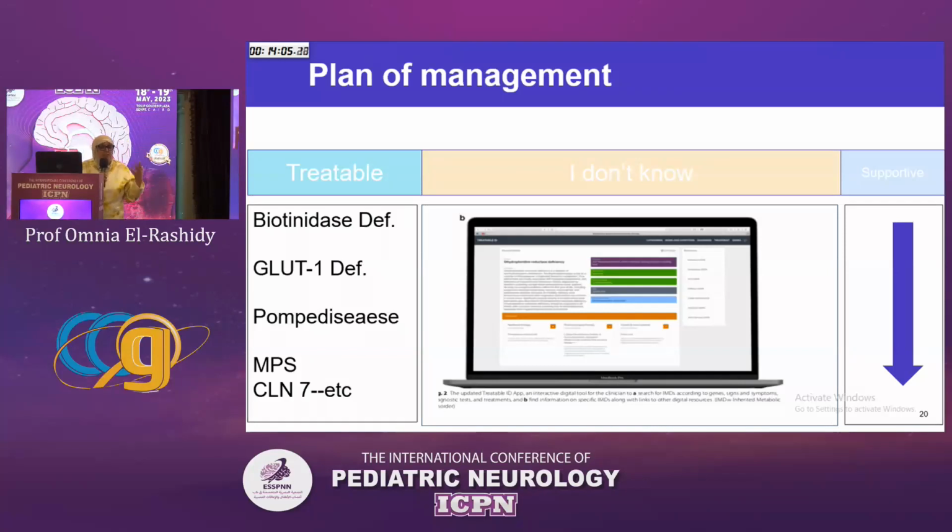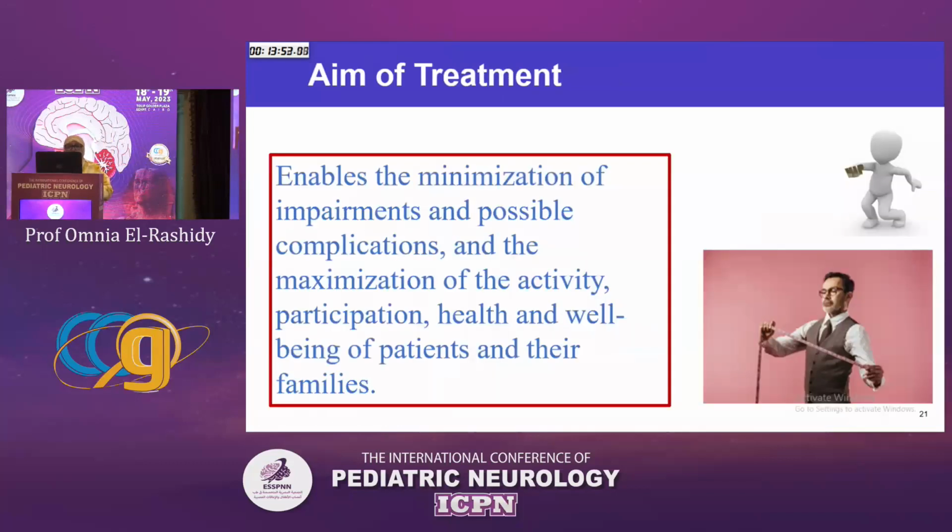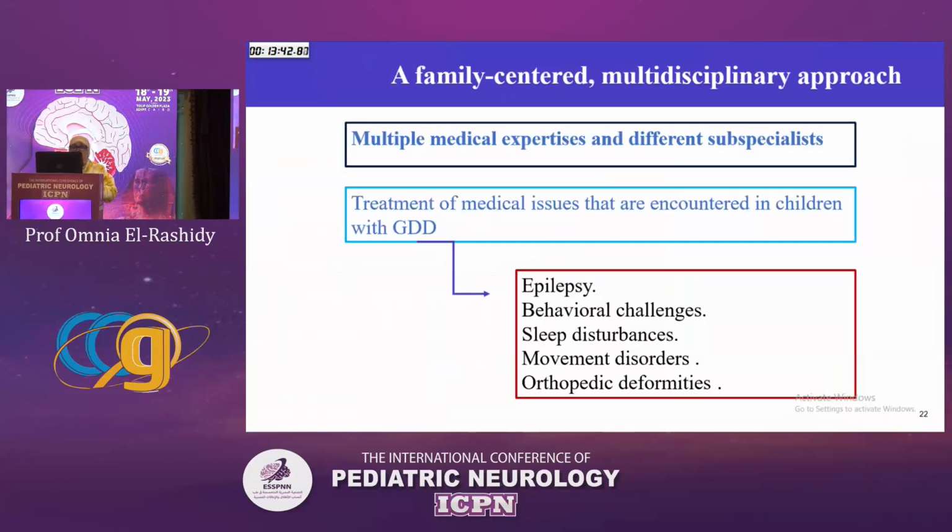You have to say this to your patient, whether your patient is poor or high class, you must provide them with the knowledge. You must counsel. Okay, if no treatment, it is supportive treatment. It enables the minimization of impairment and possible complications and the maximization of activity, participation, health, and well-being of the patient and their family.